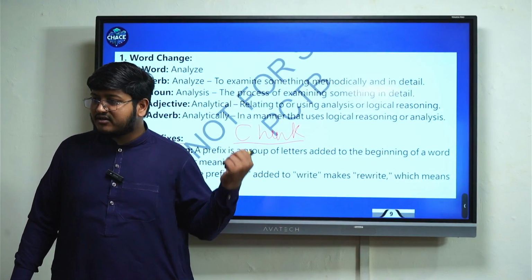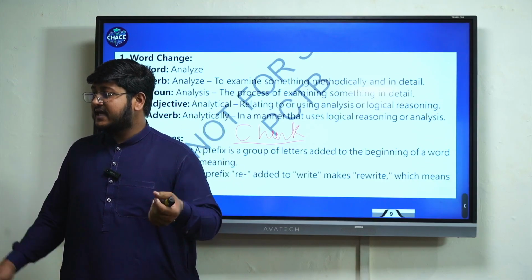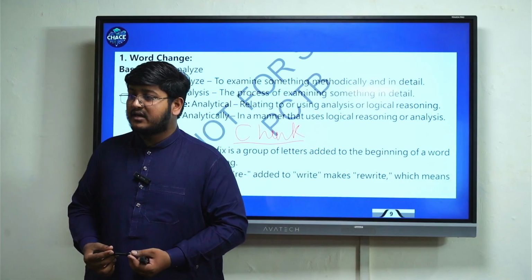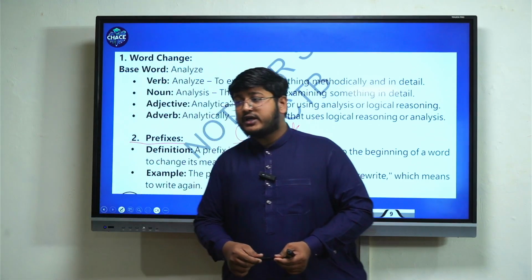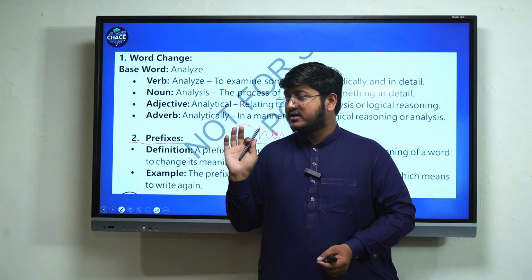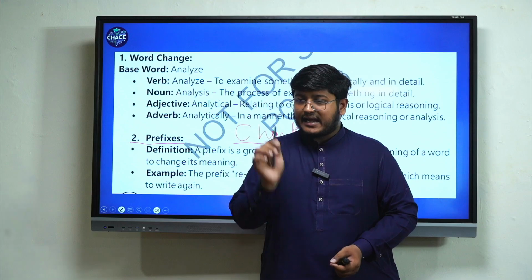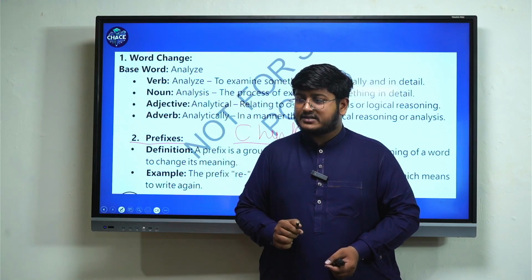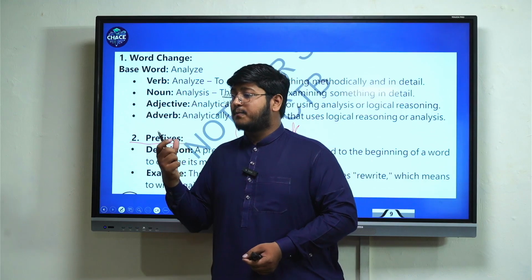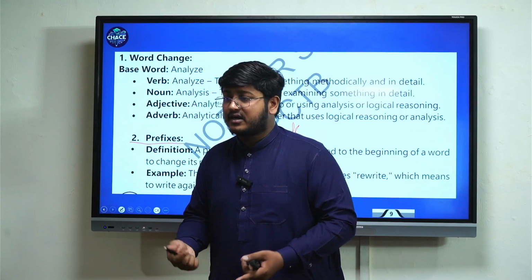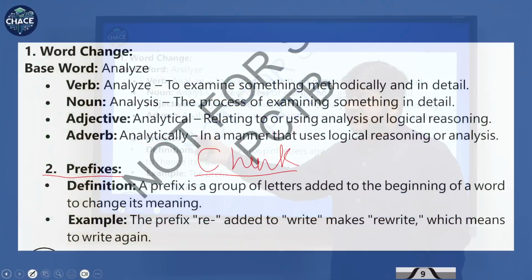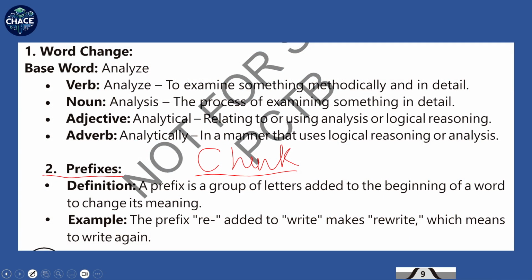If that group of alphabets or that alphabet has a complete meaning alone, then we can say that it is a word. Is that clear? What is a word? An alphabet or a group of alphabets having a proper meaning is called a word. But prefix and suffix are actually chunks of language.